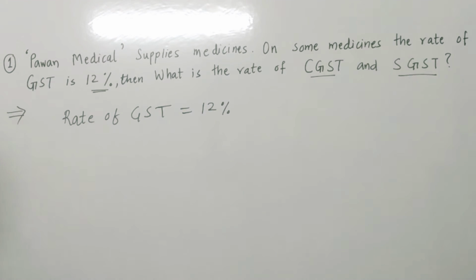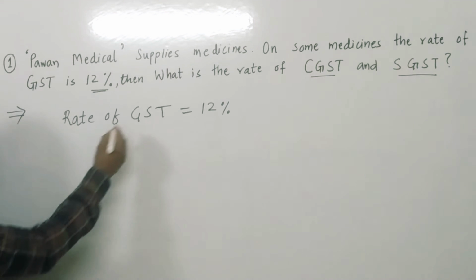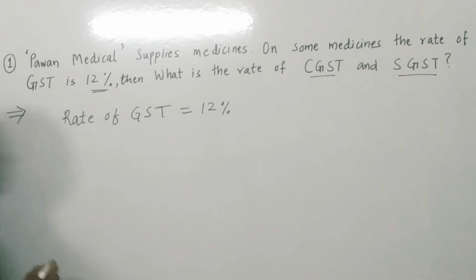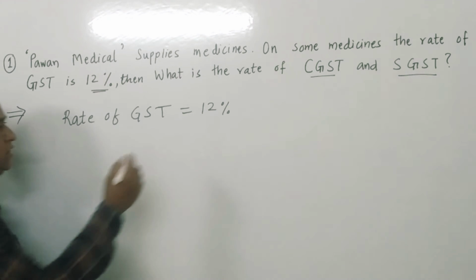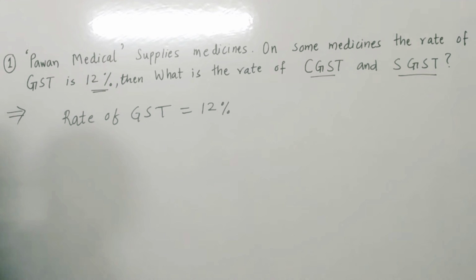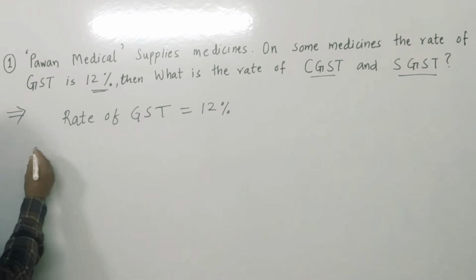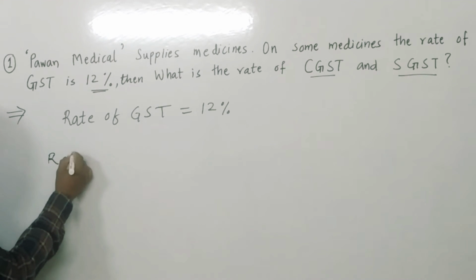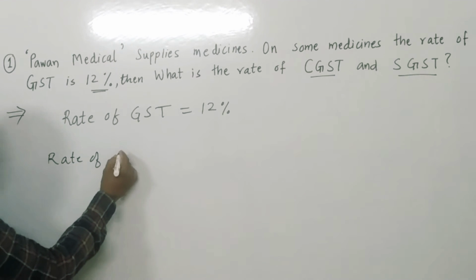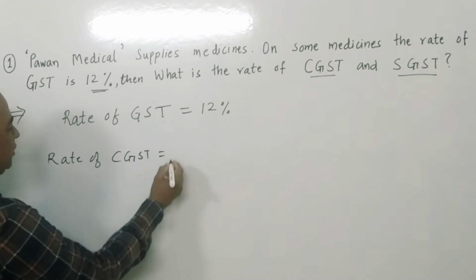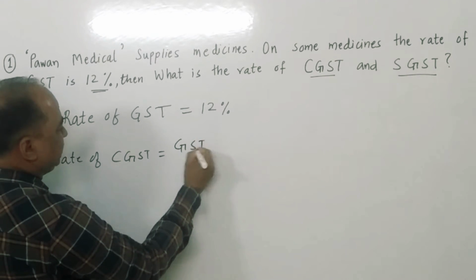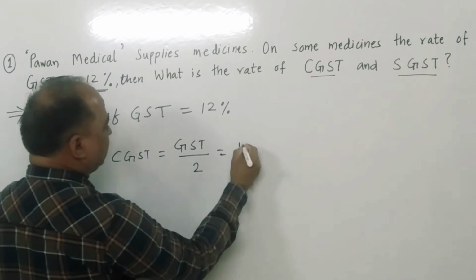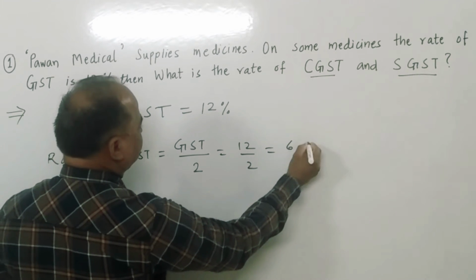Now we know that out of this 12%, half the amount goes to the central government and half the amount goes to the state government in the form of CGST and SGST. So the rate of CGST is equal to rate of GST upon 2, which is equal to 12 upon 2, which is equal to 6%.